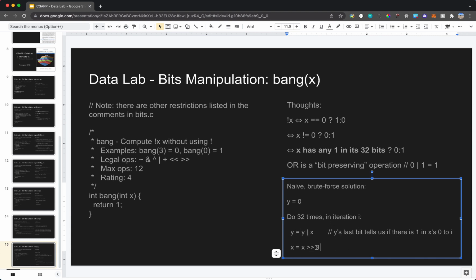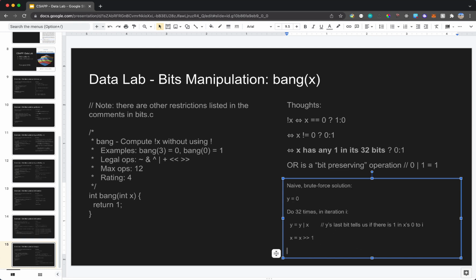At the end of this repetition, if y's last bit is equal to 1, it really means that in x positions 0 to i, there's at least one 1. Then we right shift x by 1 at the end of every iteration.